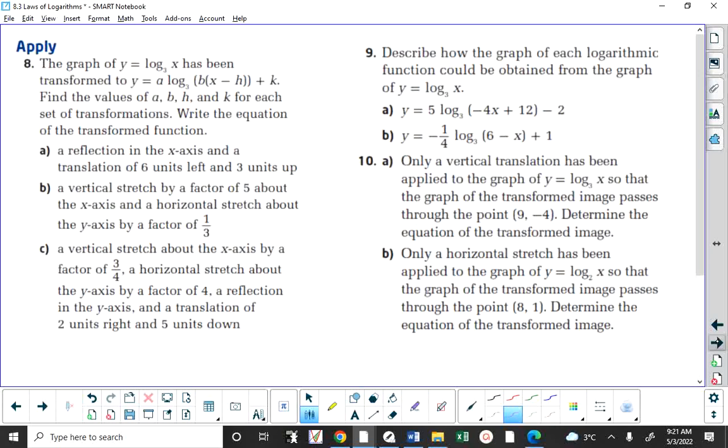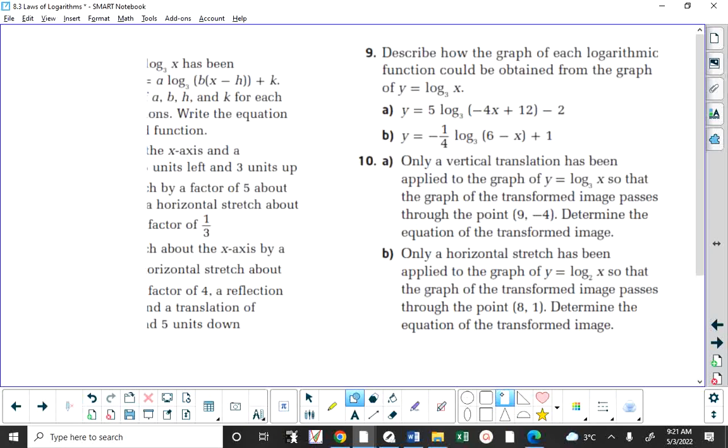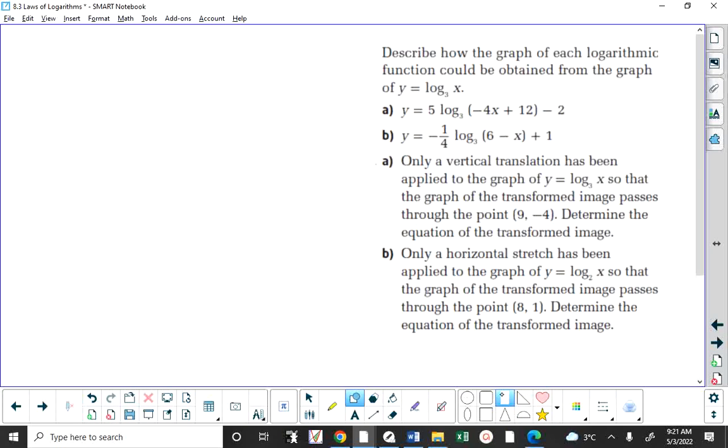So 10A says only a vertical translation has been applied to a particular graph, and the new graph passes through a certain point. We have actually done questions like this, but it would have been in the past, and you can go back and look, that it wouldn't have been this.